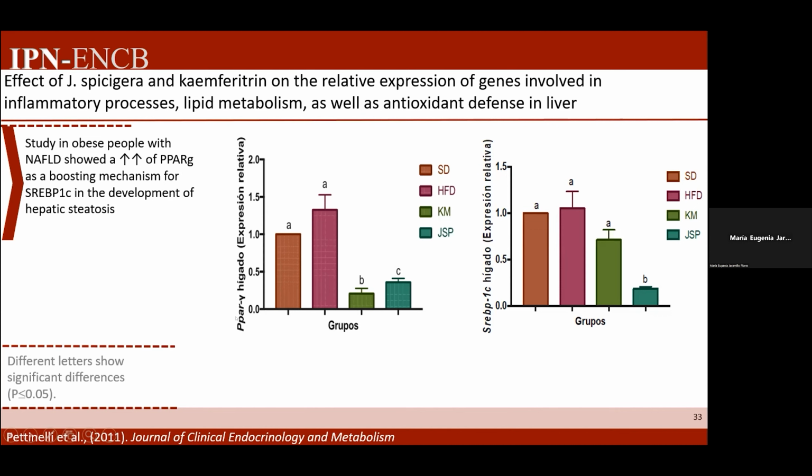And in the case of SREBP1C, we obtain a very important reduction of this protein's mRNA expression with Justicia spicigera.